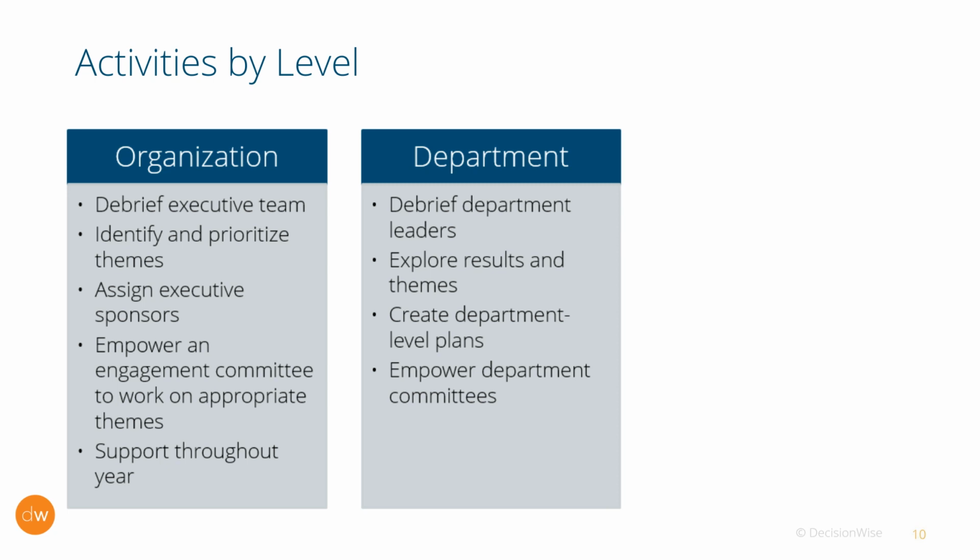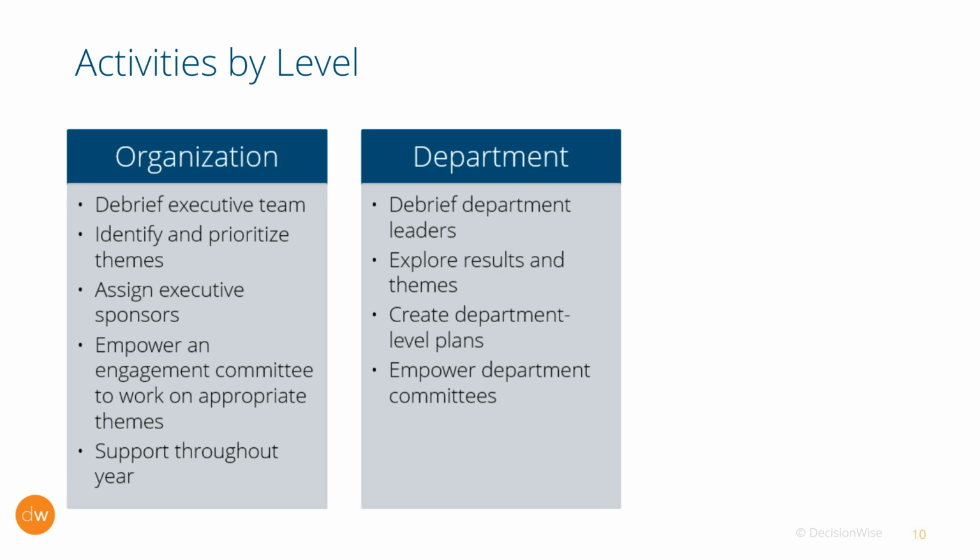Maybe it has like 300 people in operations or in the call center. But they might have different topics or themes that come out of their results. And so it could lend itself to an action planning process where there are department level plans, and we put together a department level committee. Now, that typically doesn't happen unless it's a really big department and their needs are unique from the results.